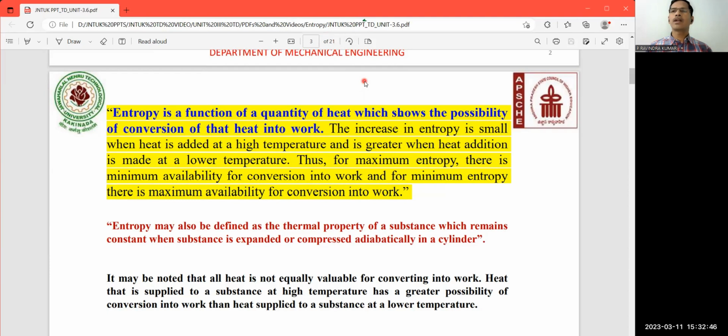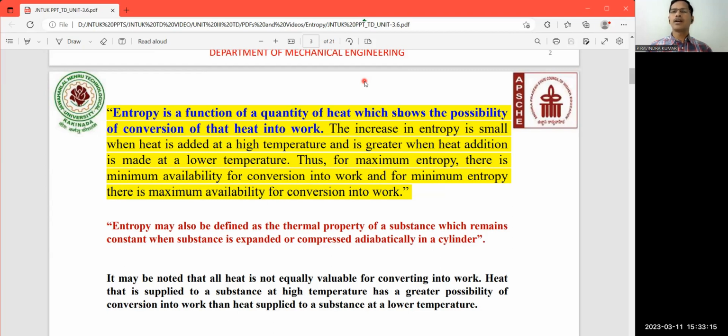Actually, entropy means a transformation. What is the transformation here? Entropy is a function of a quantity of heat which shows the possibility of conversion of low grade heat into high grade heat.